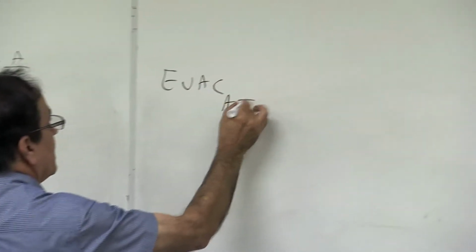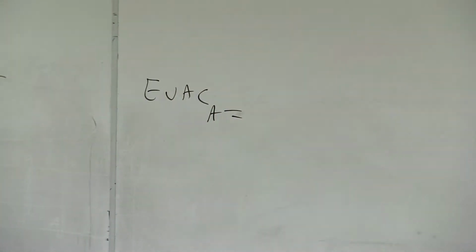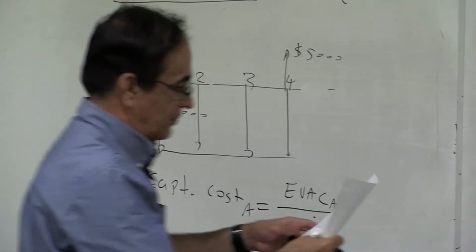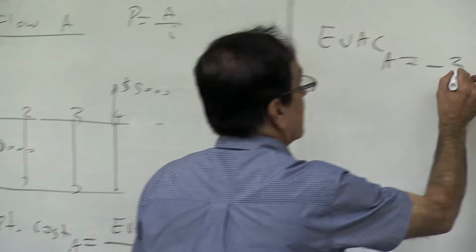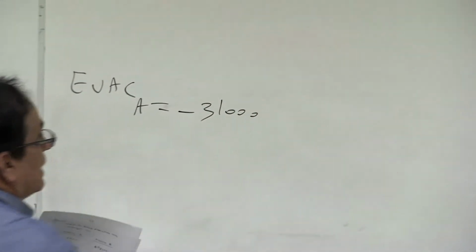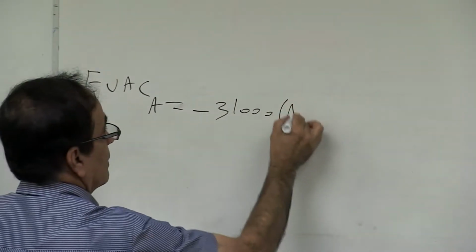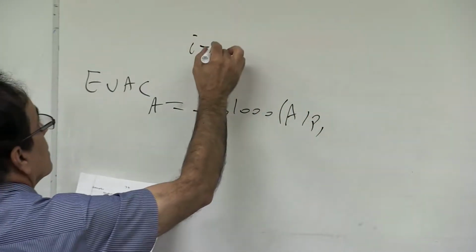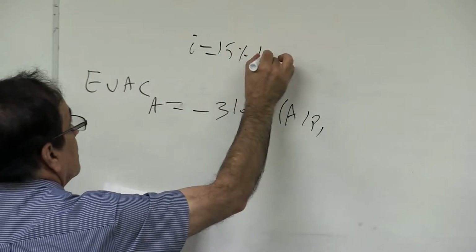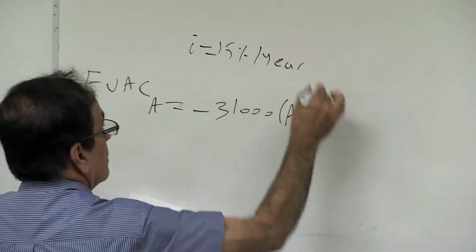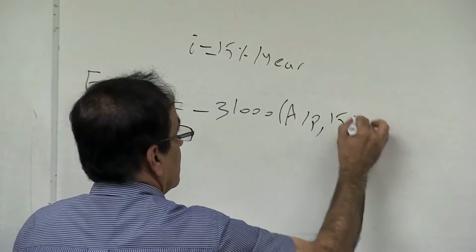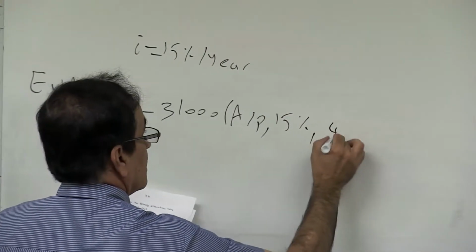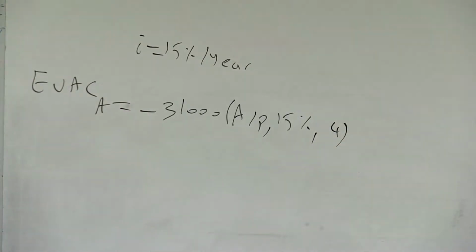The EUAC for A is going to be this. We're going to convert, everything is not uniform. 31,000 is not uniform, so we're going to make it uniform. So negative 31,000, because it's a present value, we multiply by A given P. Oh, and the interest rate for this example is 15% per year, and the life of this one is 4 years. That's going to make this 31,000 uniform.